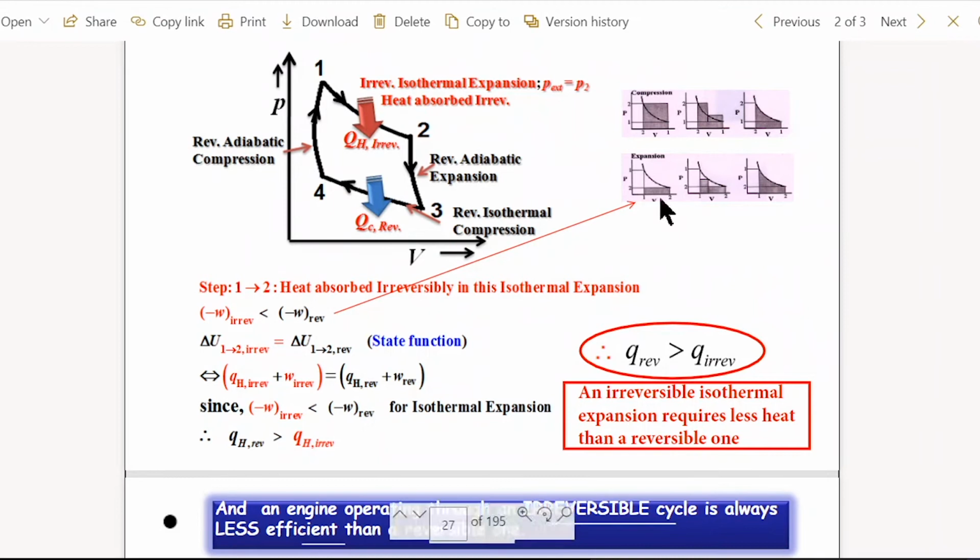Now plug that in here. Since U is not changing for the two processes, whether irreversible or reversible, I plug in the values of U in each step.